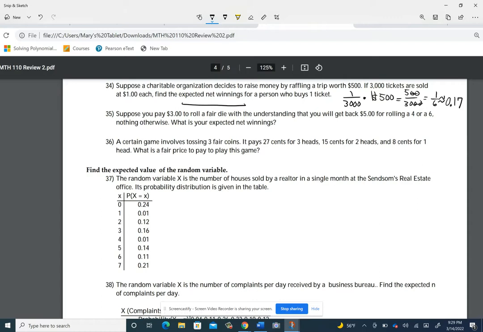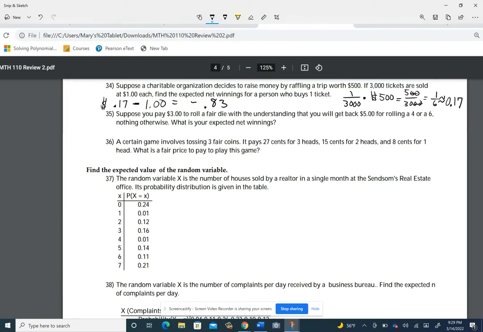But then I had to buy the ticket, and it cost me $1. So my net winnings would be to take my payout but take away from that the $1 that I had to pay. When you do 0.17 minus 1, that gives you a negative 0.83.